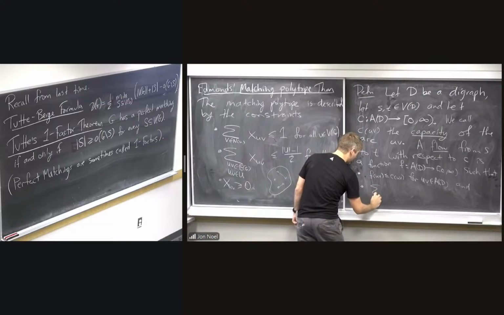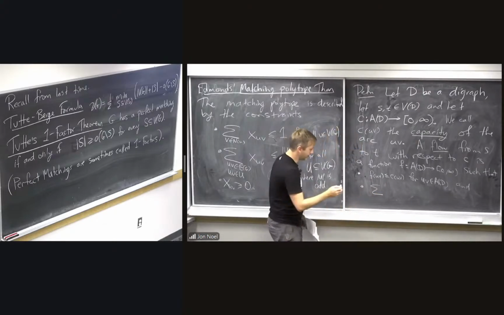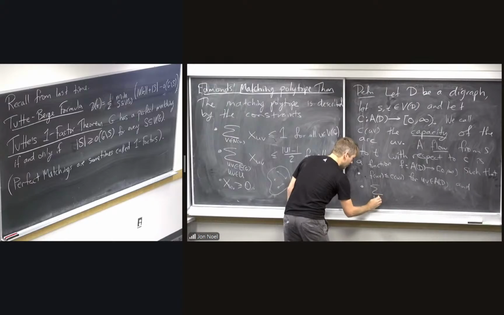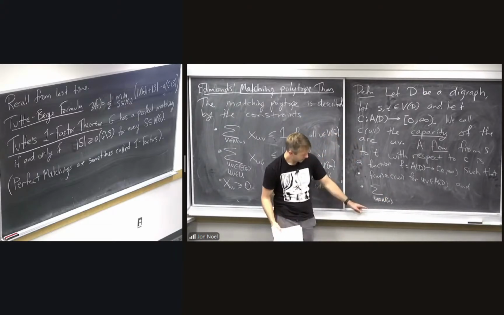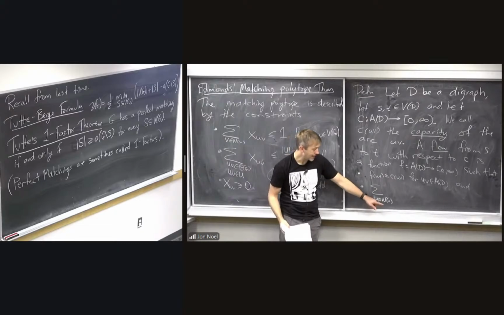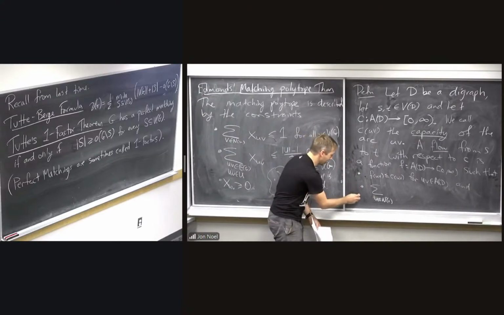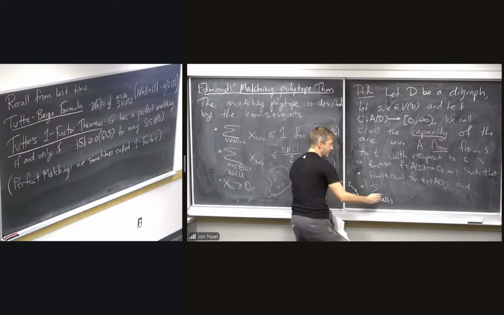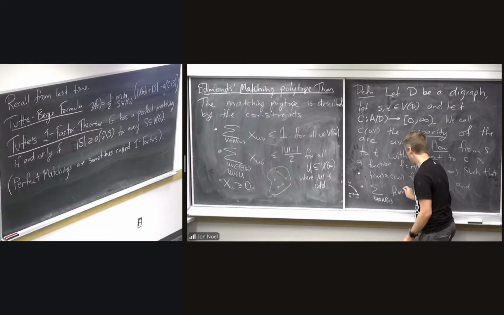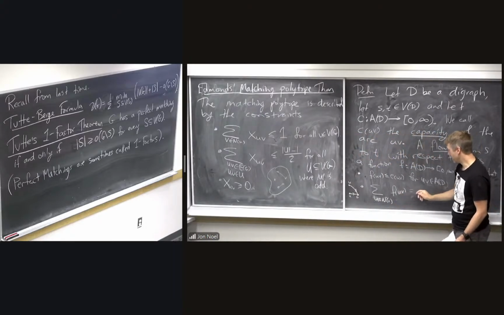So you want that for any vertex, the amount of flow coming into it, I'm going to use this notation, N minus of v, means u is an in-neighbor of v. So I'm summing over all the u that send an arc into v and taking the flow f(u,v) on the arc uv, and that should equal the amount of flow coming out of v.